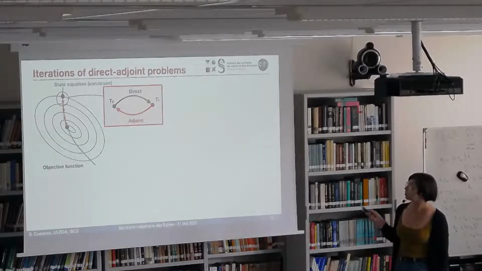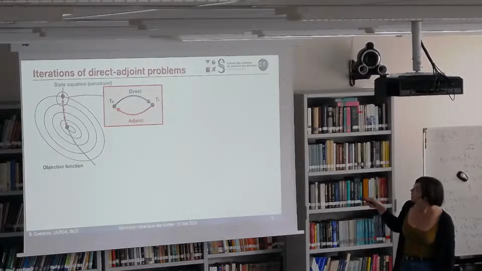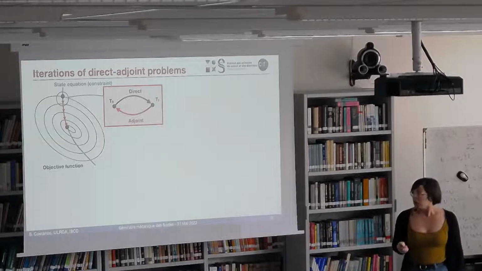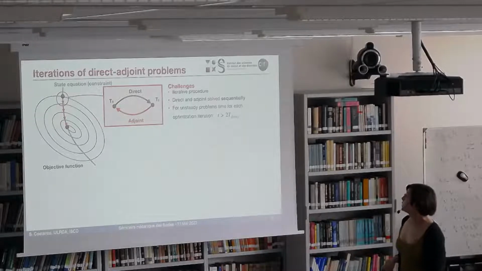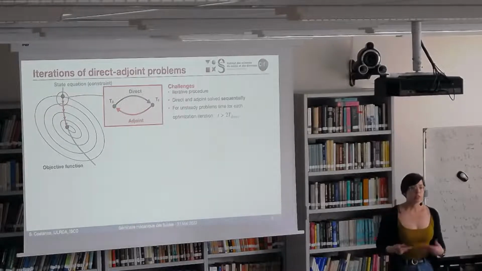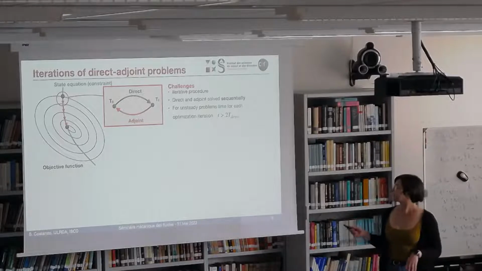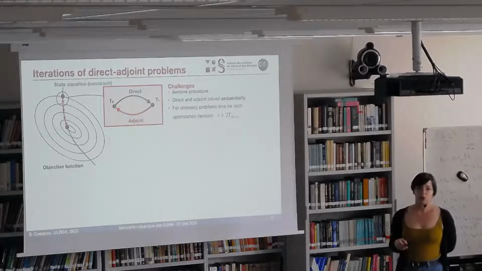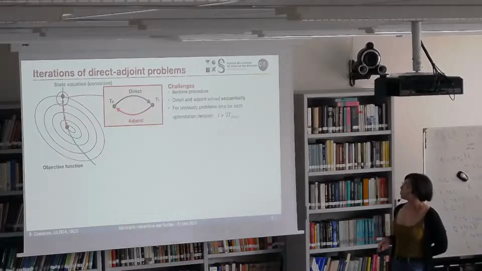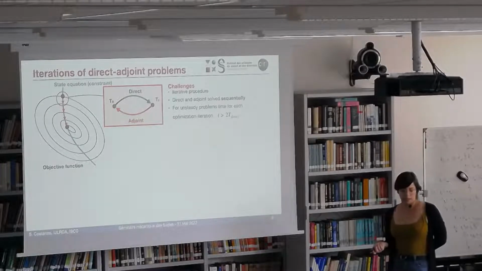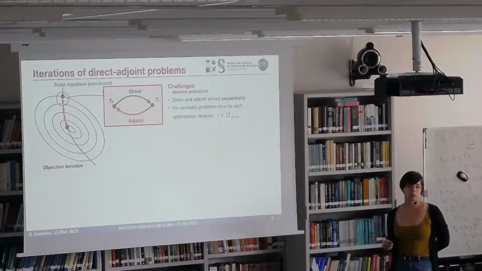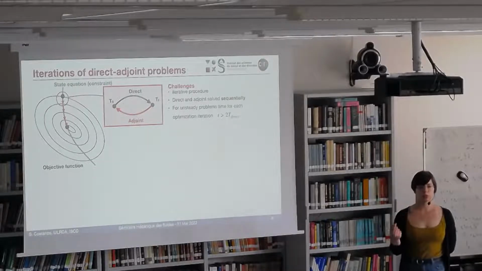Once we know the solution of the direct problem, we can linearize and form the adjoint problem to solve backwards. The challenge of this procedure is that, of course, it requires many iterations. Then, as we said, the direct and adjoint problems are solved sequentially. So when we work with an unsteady problem, the time needed to get the gradient is at least 2 times the time needed to solve the direct equation.